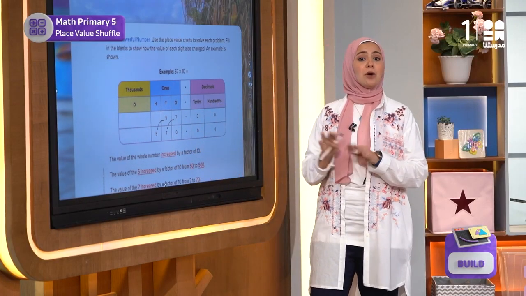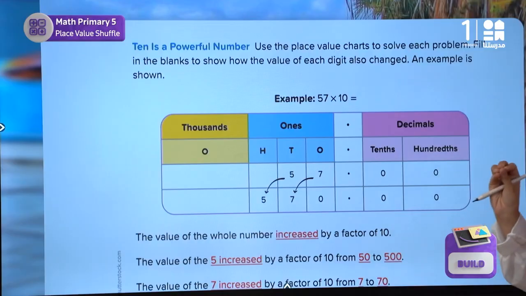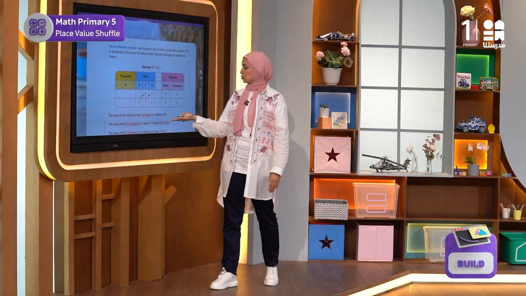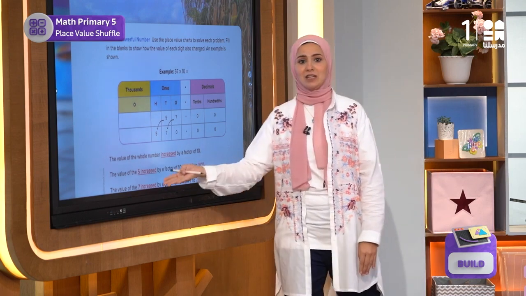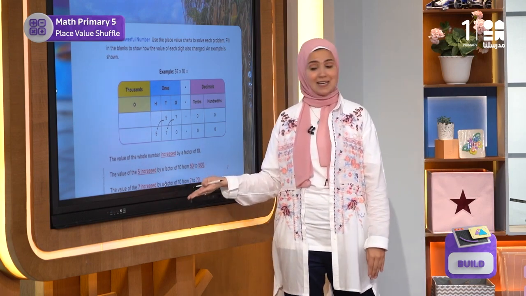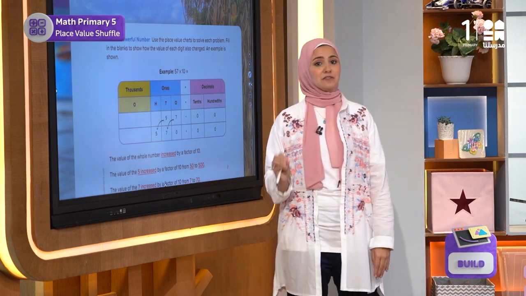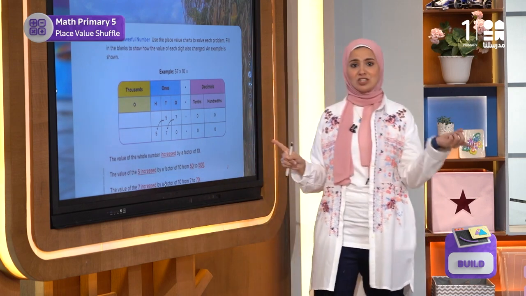That's why the number's value increased 10 times. The value of the digit 5 is increased by 10 and changed from 50 to 500. Also, the value of the digit 7 increased by multiplying by 10 and became 70. I will give you enough time to answer problem 1 to fill in the blanks in question 2.